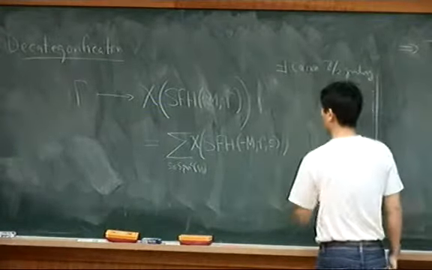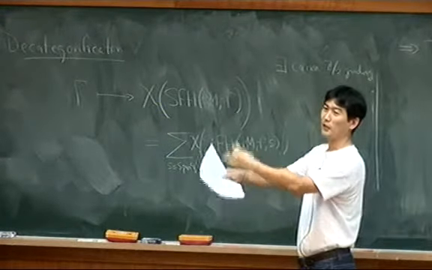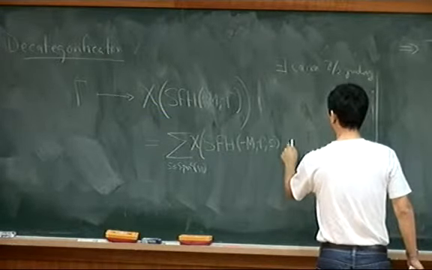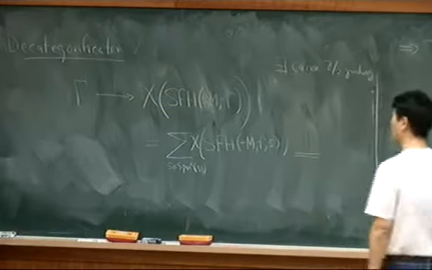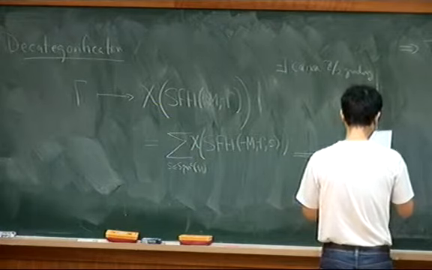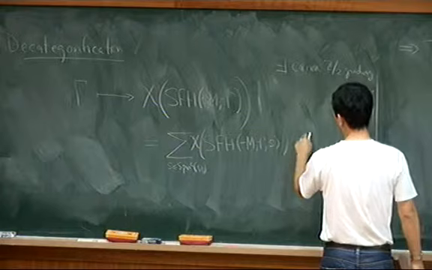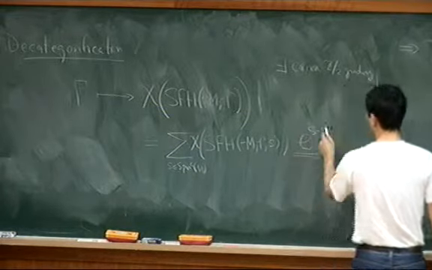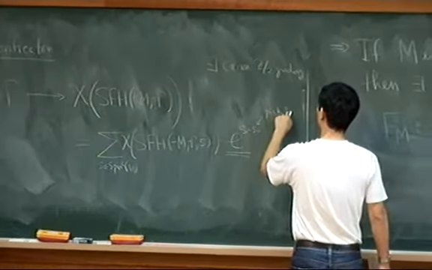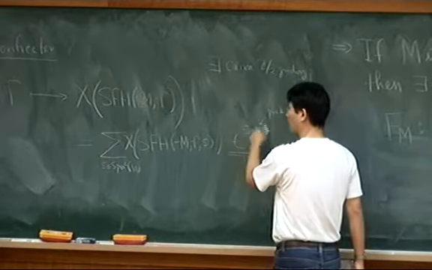To a positive intersection, you assign 1. To a negative intersection, you assign -1. Then you actually want something with values in the coefficient group, so let's write it multiplicatively, e to the s minus s naught. You pick a spin C structure s, and then given s, you can talk about the difference.